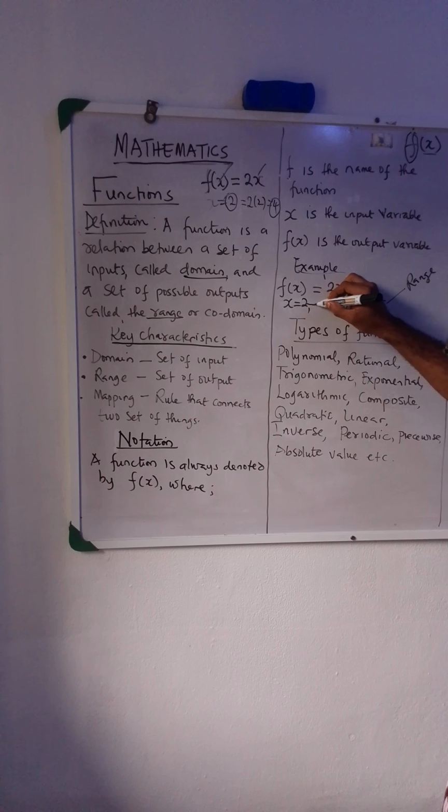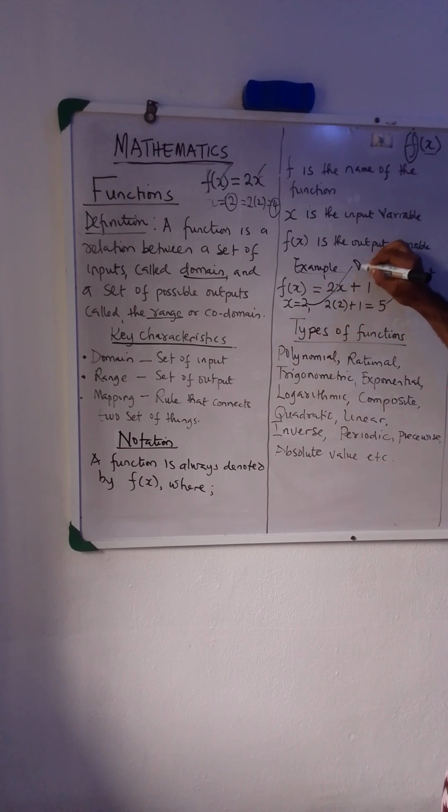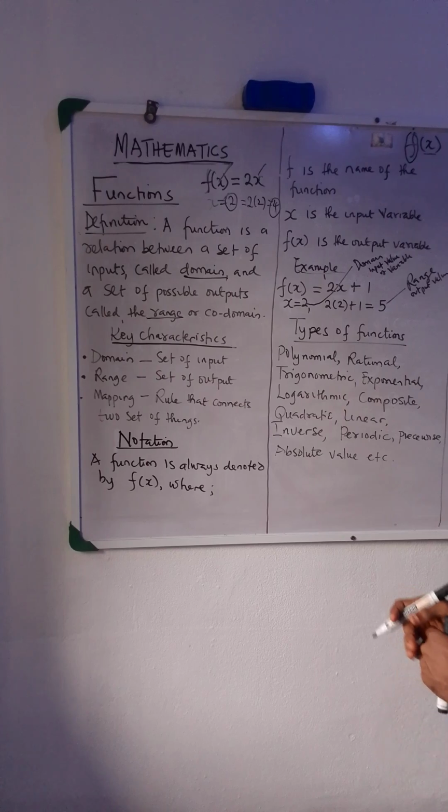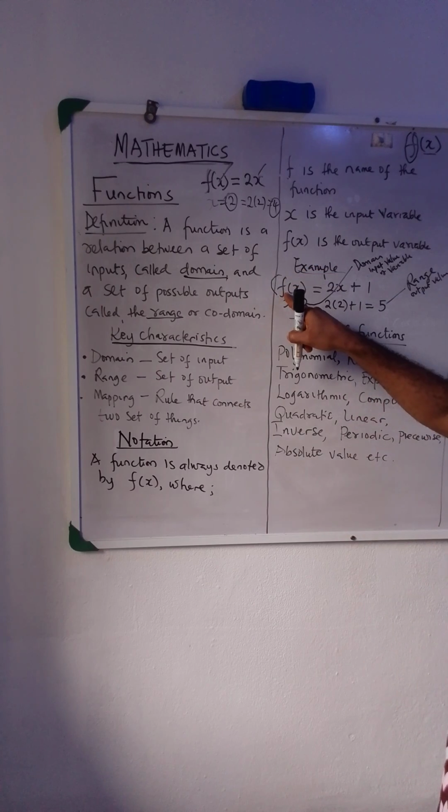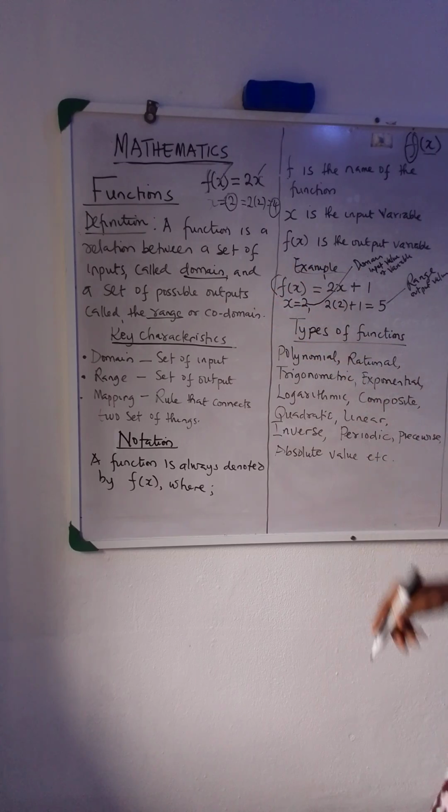This 2 here is our domain, which is our input value or input variable. This is our output value, or you can call it range, and f is the name of the function, and f of x is what is used to denote the function itself.